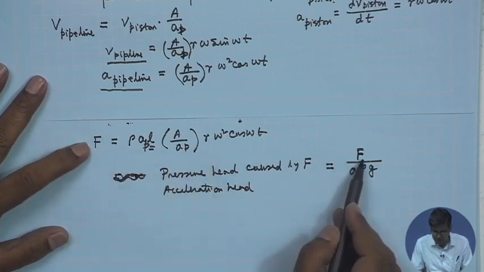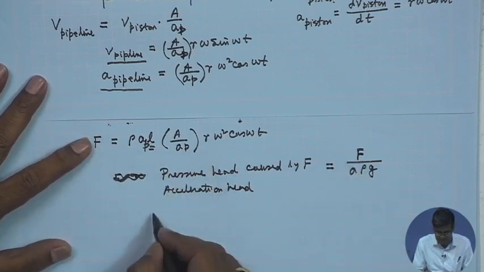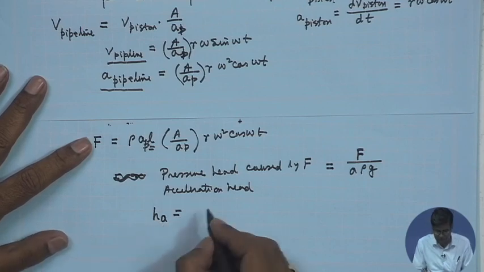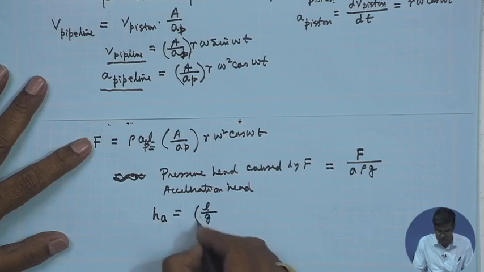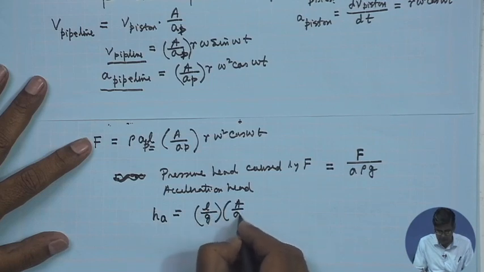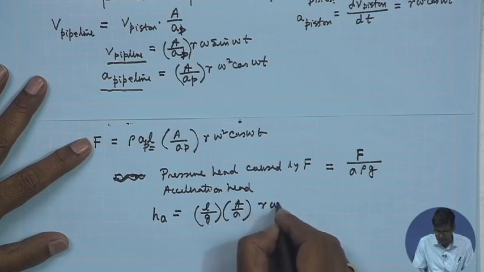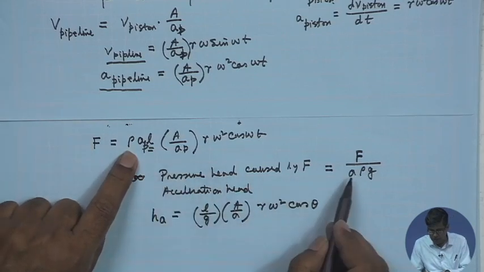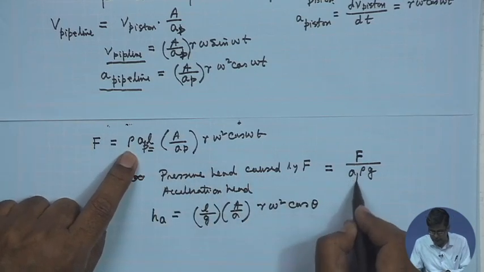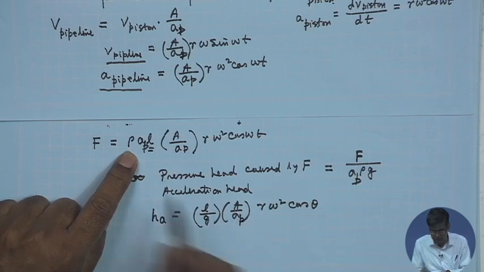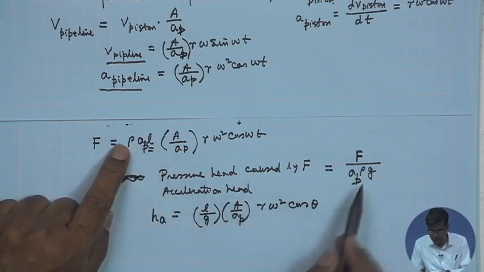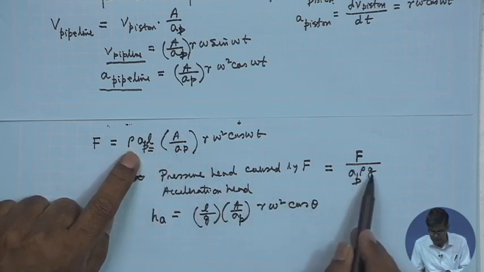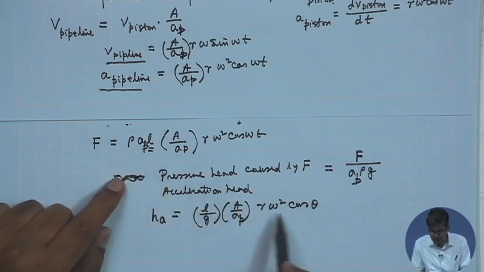So, the acceleration head HA becomes L by g times A by AP r omega square cos omega t, where cos omega t is replaced by theta. The rho cancels.